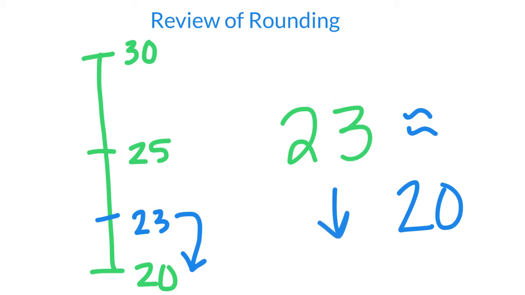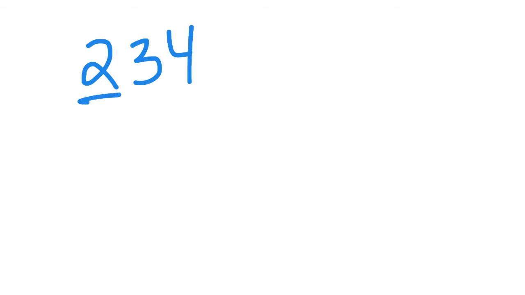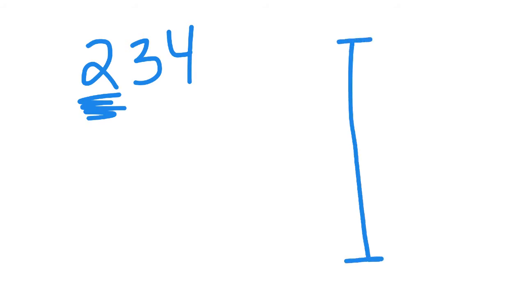Now what happens when our numbers get even bigger? Let's say we have a bigger number, like for example 234. And we need to figure out which 100 it is closest to. Well, here's our vertical number line. 234 would be between 200 and 300, right?